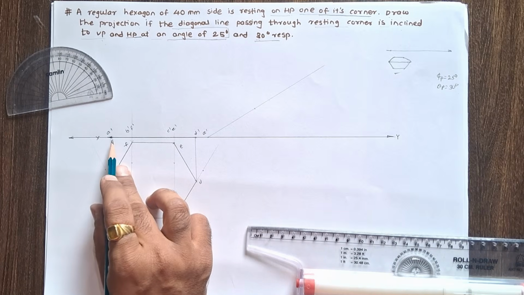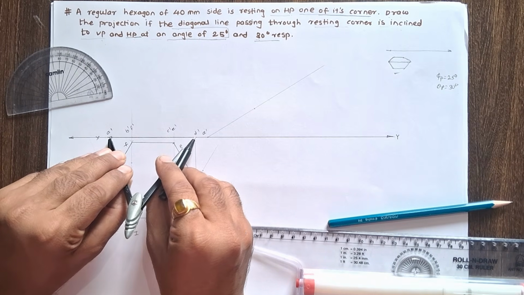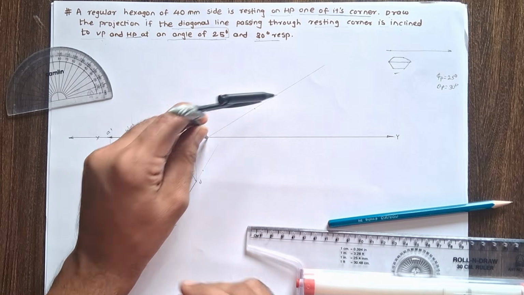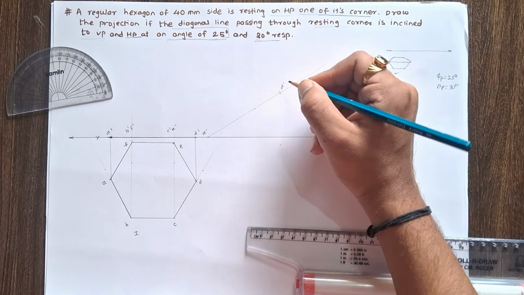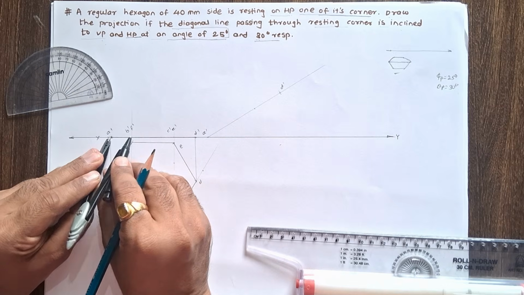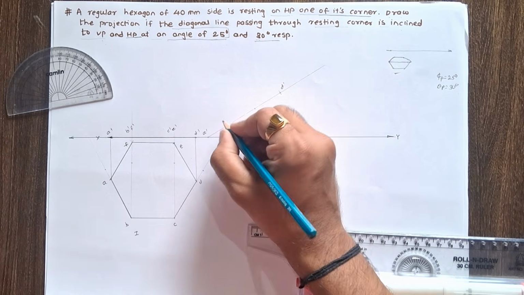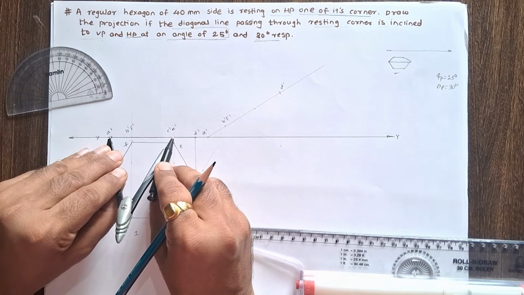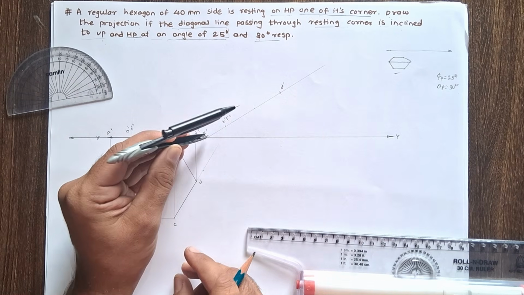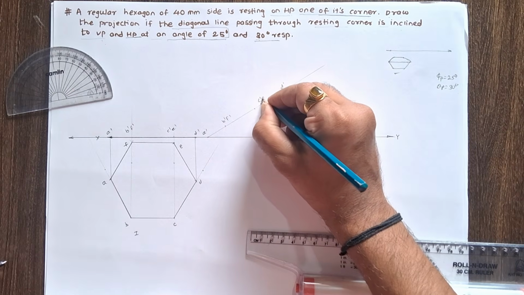On this angle line, mark A dash D dash distance. Now measure this A dash D dash distance, and this is D dash. Similarly, measure A dash B dash F dash distance. This is B dash F dash. From A dash, measure this C dash E dash distance and mark this distance. This is C dash E dash.